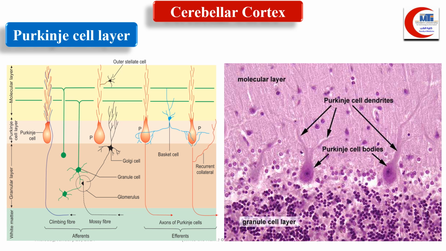What about the second layer in the cerebellar cortex? The second layer is called the Purkinje cell layer. Here on the right side we can see an H&E stained section of the cerebellar cortex. Here you can see the Purkinje cell bodies, labeled by the name Purkinje cell bodies. Their shape is piriform, and their size is very large compared to the other cells around them.